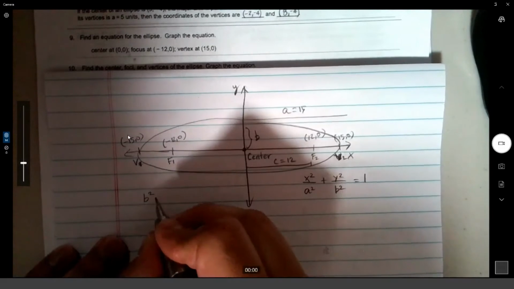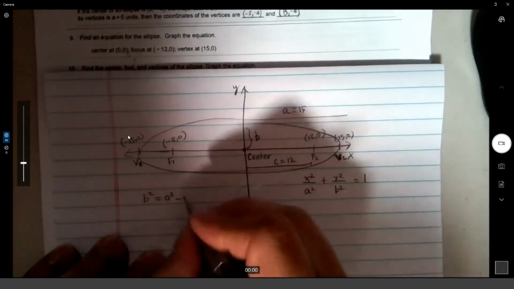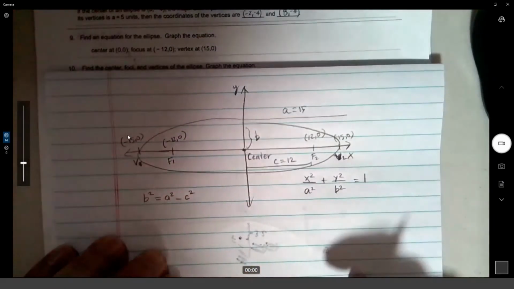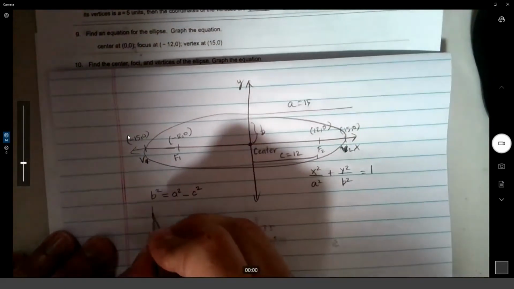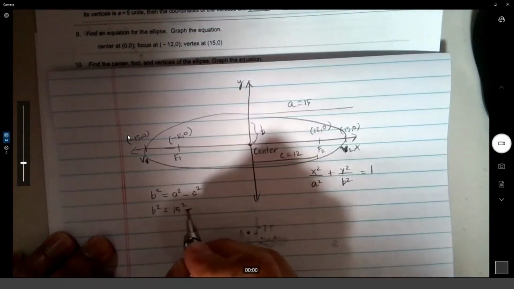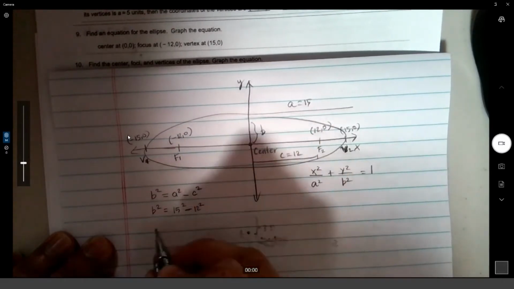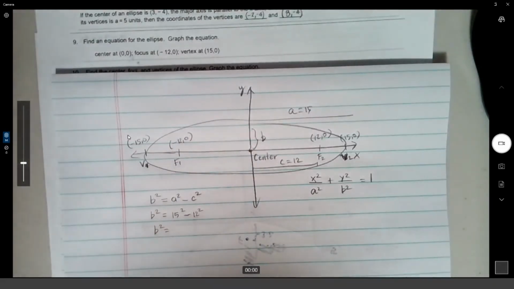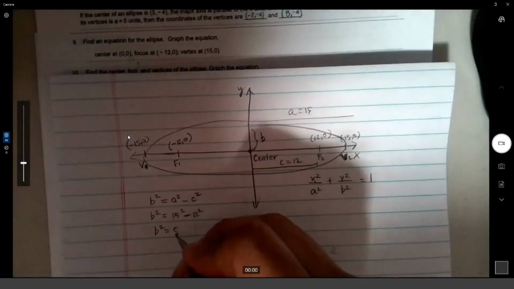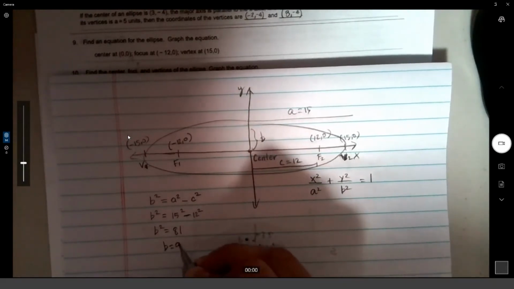B squared is equal to a squared minus c squared. B squared is therefore equal to 15 squared minus 12 squared. B squared is equal to, straight calculator work, 81. B is equal to 9.